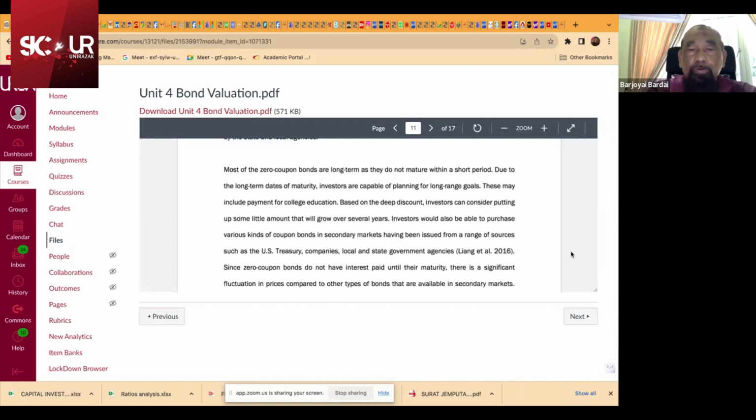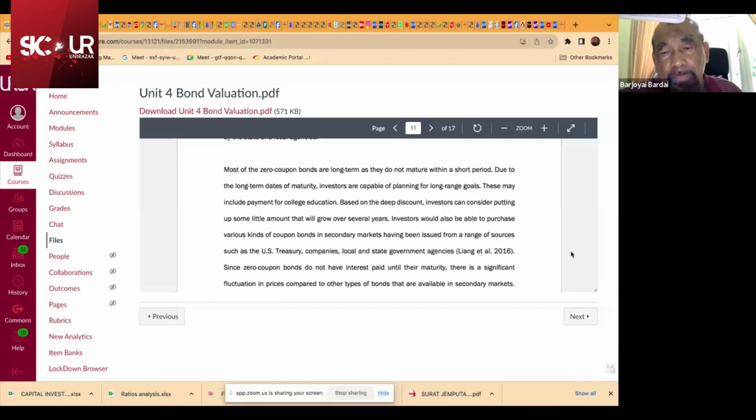Most of the zero coupon bonds are long-term, as they do not mature within a short period. Due to the long-term dates of maturity, investors are capable of planning for long-range goals. And this may include payment for college education.